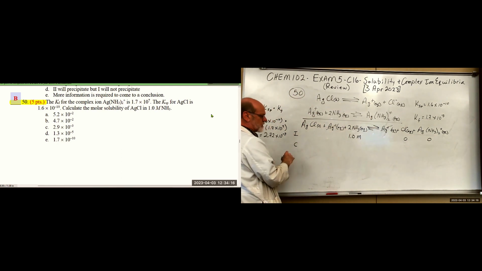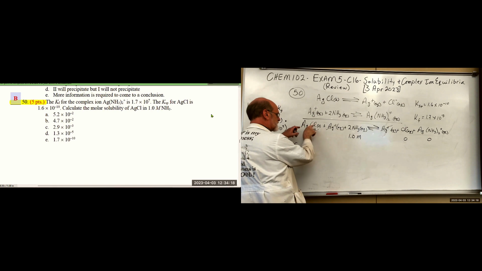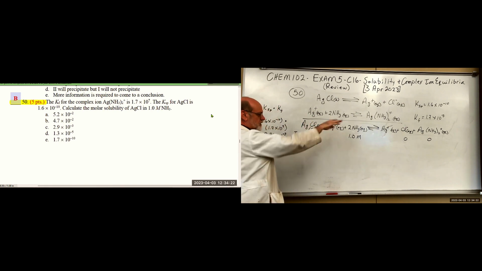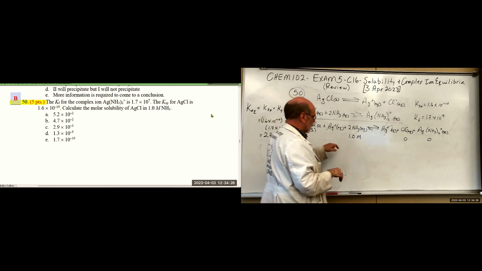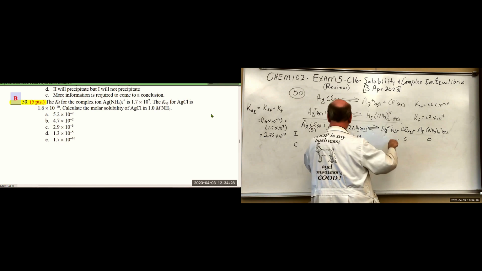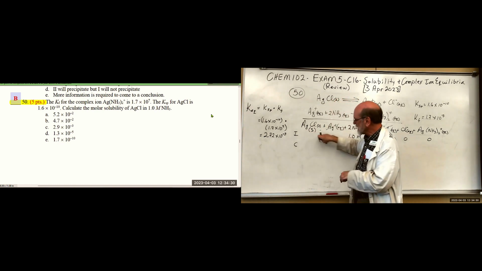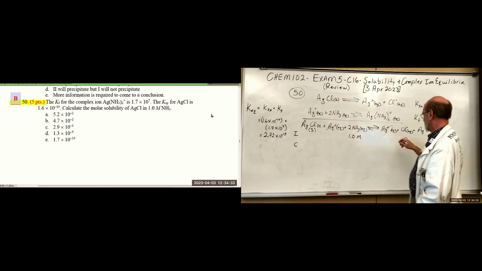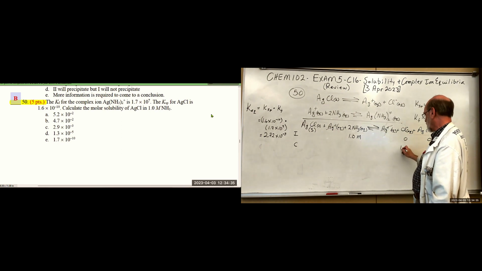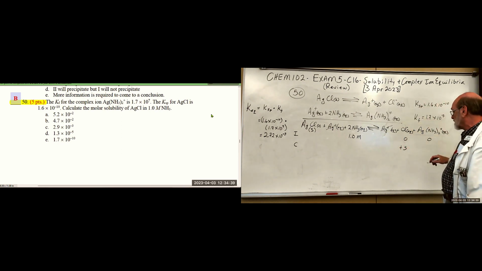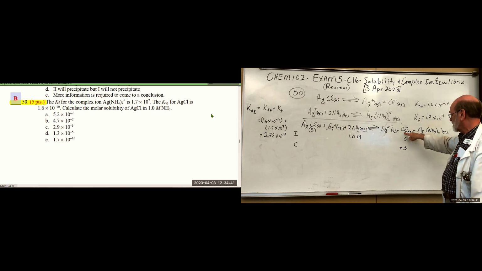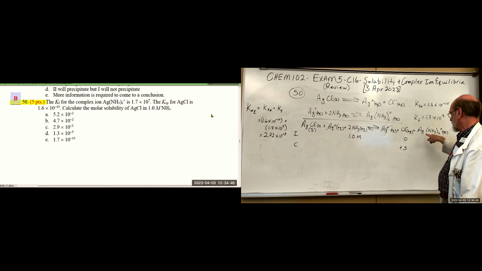So what's the change? Well, the solubility of silver chloride is going to determine how much goes that way. So we're going to get how much on this side? Well, for every one of these, how many chlorides do you get? You get one of those, correct? And for every one of these, you get one of these.